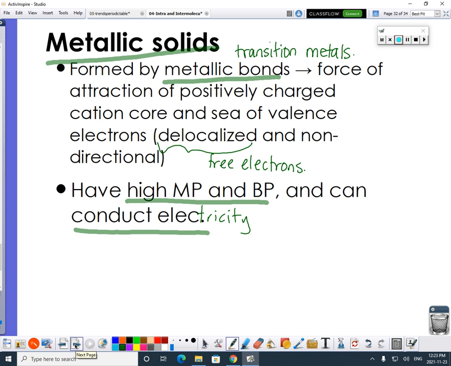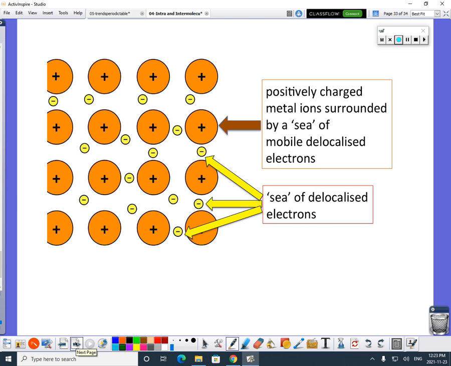And then the next page, again, is just a diagram trying to show what this means. So the electrons are kind of all over the place. They are not in a particular orbit or anything. They're just kind of randomly moving, okay?